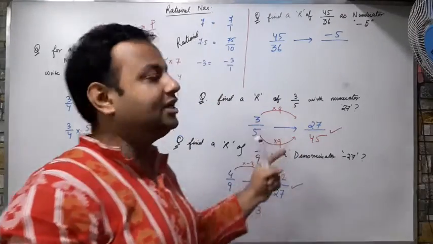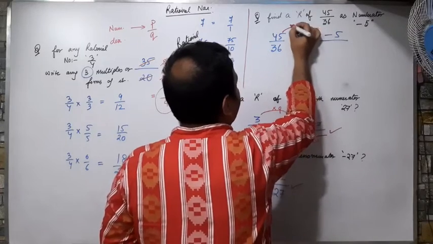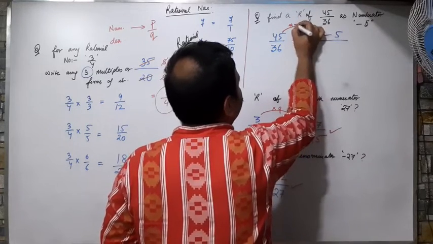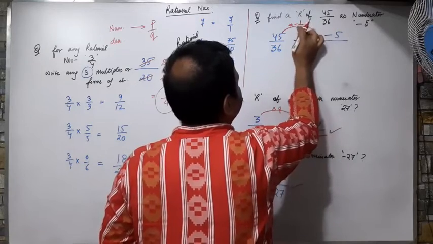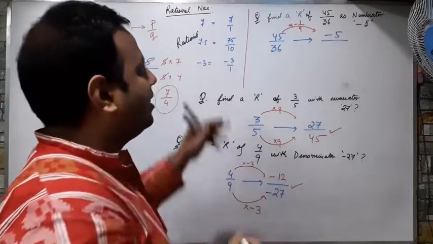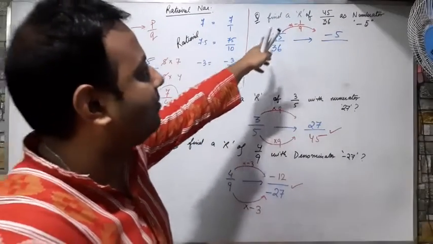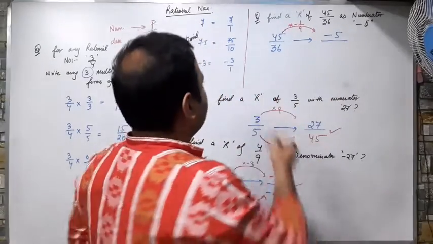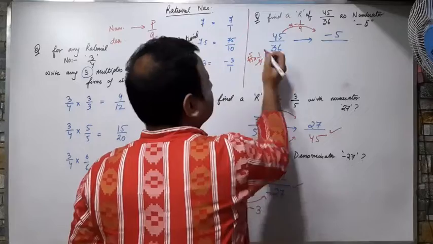I have to multiply 45 with minus 1 by 9. When I multiply 45 by minus 1 by 9, I will be getting minus 5, because 45 into 1 by 9 is 5.